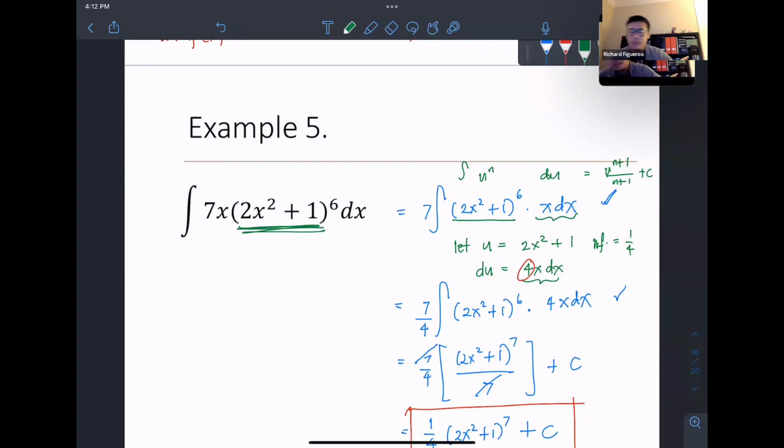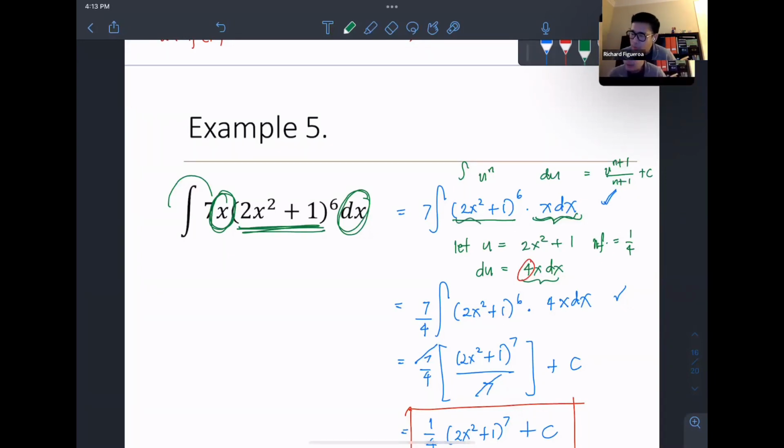What I've done with this one is move out the constant, using the coefficient rule, out of the integral sign, and then we'll have 2x squared plus 1 raised to 6. I move this out, so what remains is the x squared and the dx. The x squared and dx should correspond to our du. This is what you need to remember here.